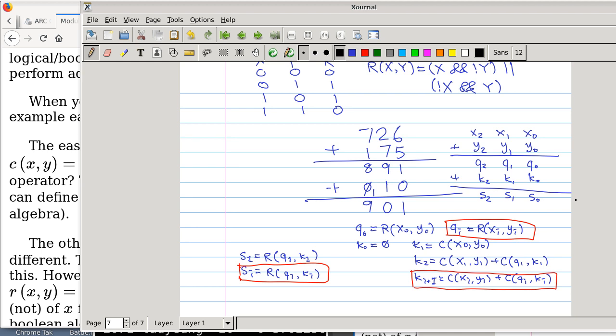So right now we look at this picture, and what you're seeing on the projector only has to do with multi-digit addition, or the structure of a multi-digit addition. It does not confine the relationships between qi and xi, yi, between ki plus 1 and xi, yi, qi, ki, and si.